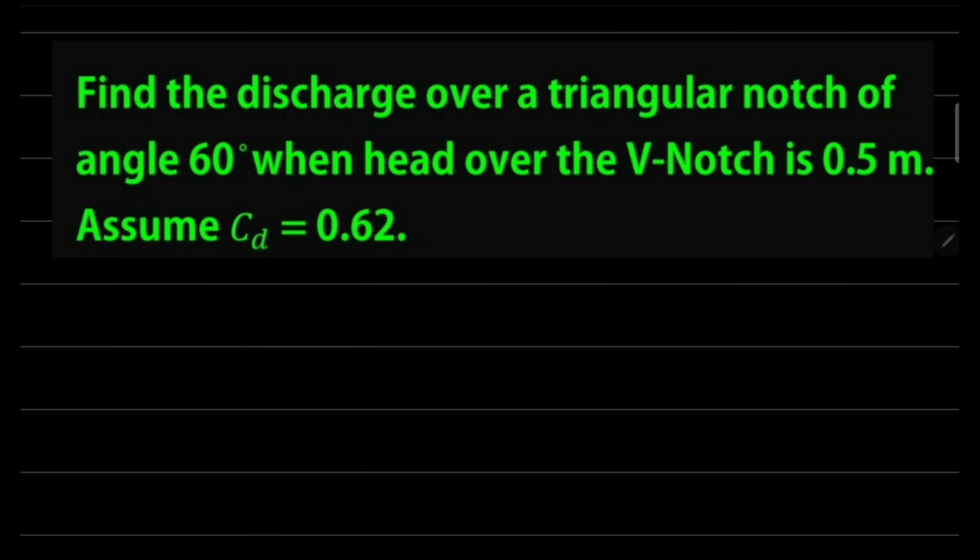Now we'll solve a numerical problem to find out the discharge over a triangular notch of angle 60 degrees when the head over the V notch is 0.5 meter, assuming that the CD value is equal to 0.62. So let's start the solution. The first thing given to us is the angle of notch is 60 degrees, head is 0.5 meter, and CD value is 0.62.